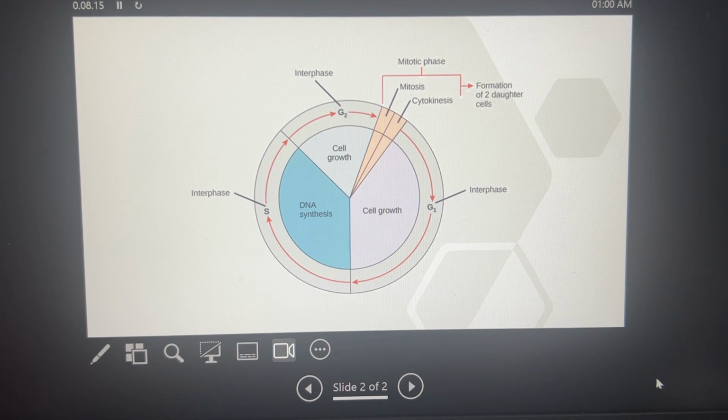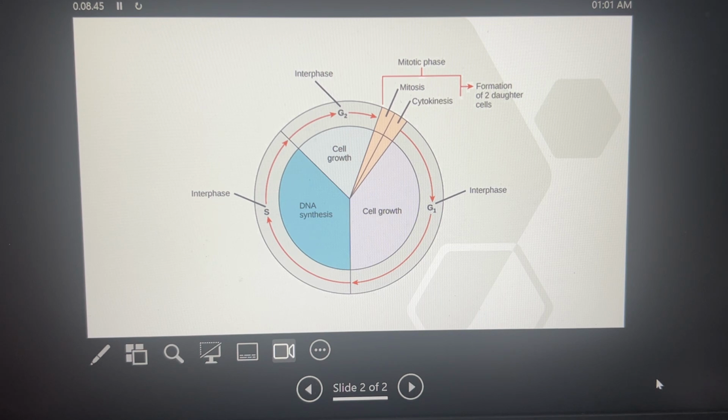On the other hand, nerve cells may not divide at all after maturity. Checkpoints. The cell cycle contains several checkpoints, the G1, G2 and M checkpoints, that monitor and regulate the progression through different stages to ensure accurate division.